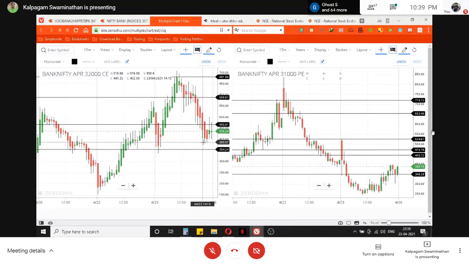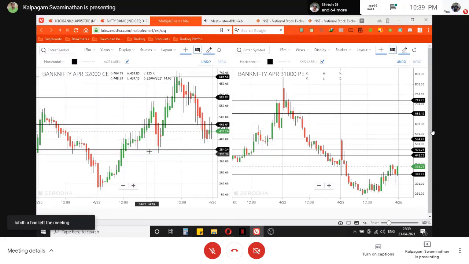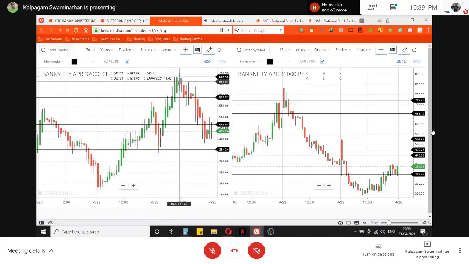Never buy when you see a green Heiken Ashi candle. Whenever you see a green Heiken Ashi candle, your mind should say, I want to look for a selling opportunity. It arises when the low of the green candle is broken.